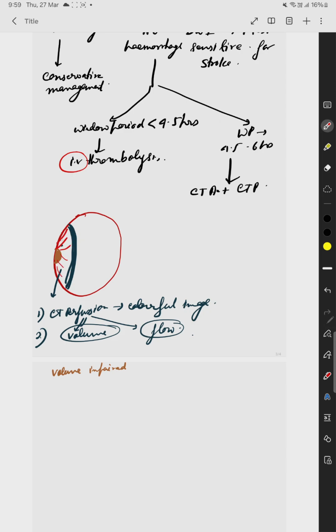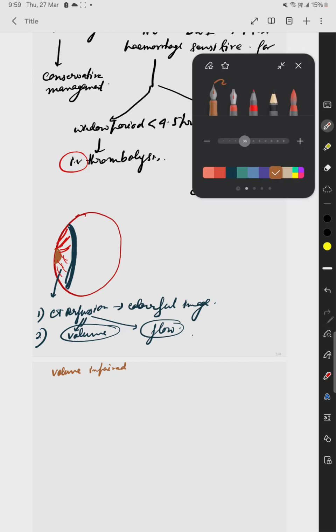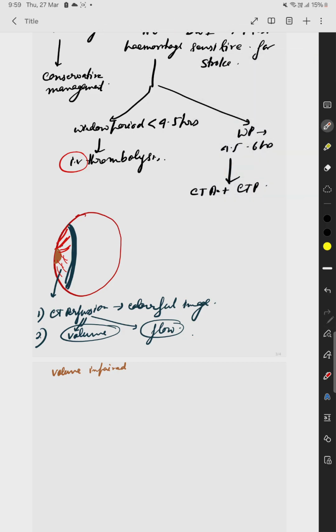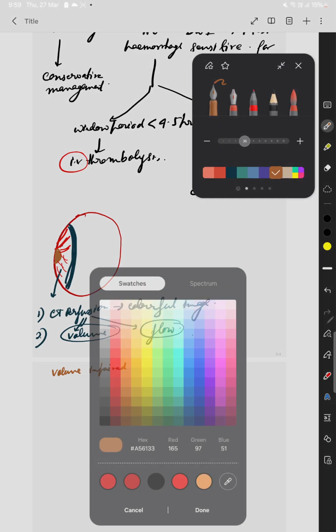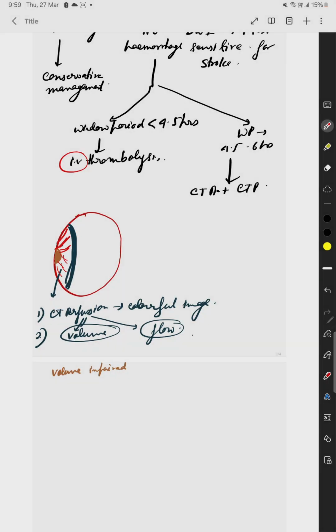The flow in these areas is still intact. The volume in this area is gone, but the flow here is still intact.